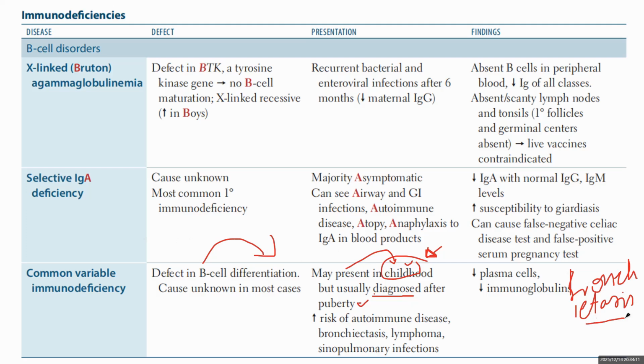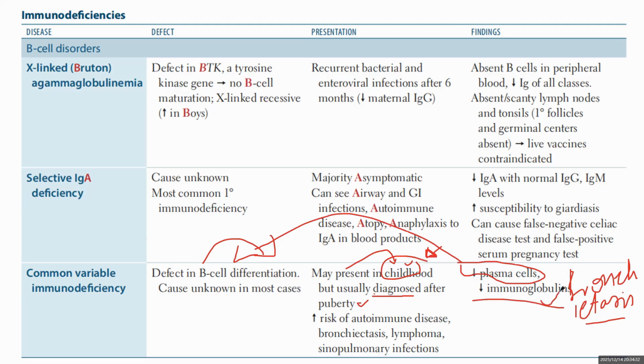And you also need to remember that patients may also have lymphadenopathy, okay, and this must be taken seriously. Laboratory findings typically show that plasma cell levels are low, right? Why are they low? Because B cells are not differentiating into them.